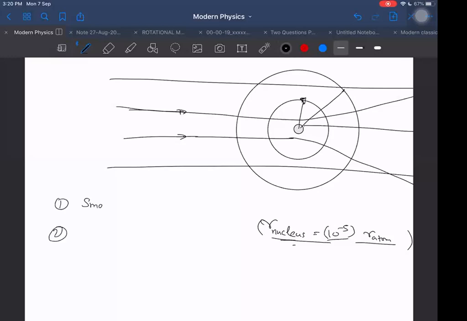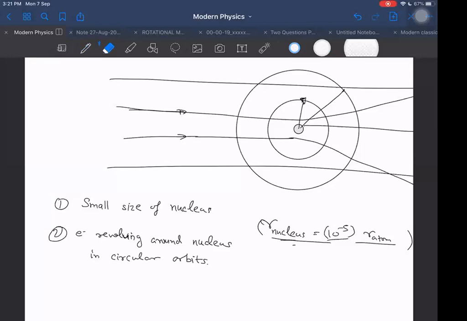Small size of nucleus, and he said electrons revolving around the nucleus in circular orbits, as in planetary motion. These things he told successfully. So this was the success of the model.